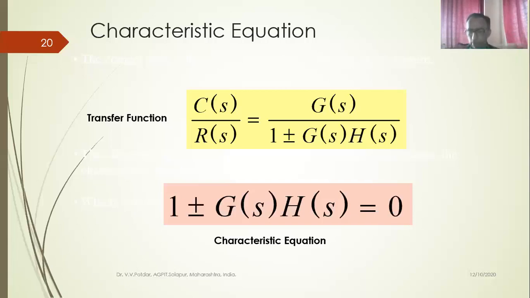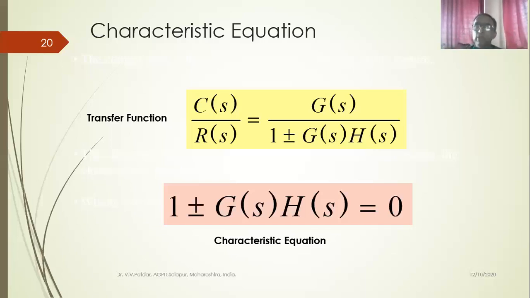And from those values of parameters we are getting from the characteristic equation, we can suggest to the designer, don't go beyond these values of these parameters. If you go beyond, the system is likely to become unstable for this kind of input.